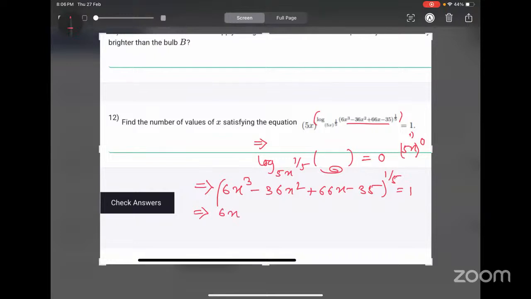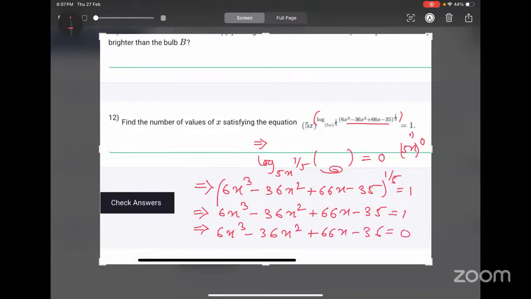So what are the roots of this equation? Equals 1. You just solve it and let me know what the roots are. First we can take 6 as common, right?